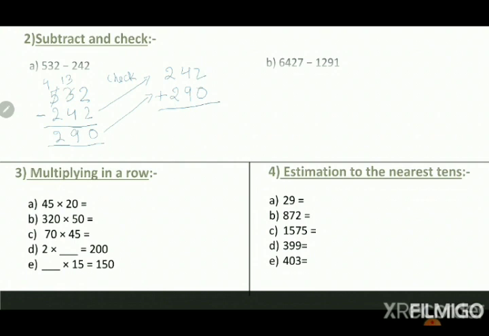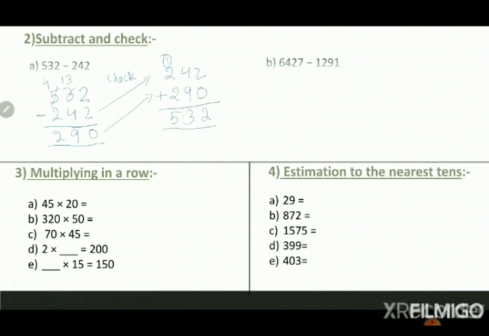Okay, so now when we are adding it, we will add it and see what we get. 2 plus 0 is 2, 9 plus 4 is 13, so 3 and 1 will go up. So 2 plus 2, 4 plus 1 is 5.